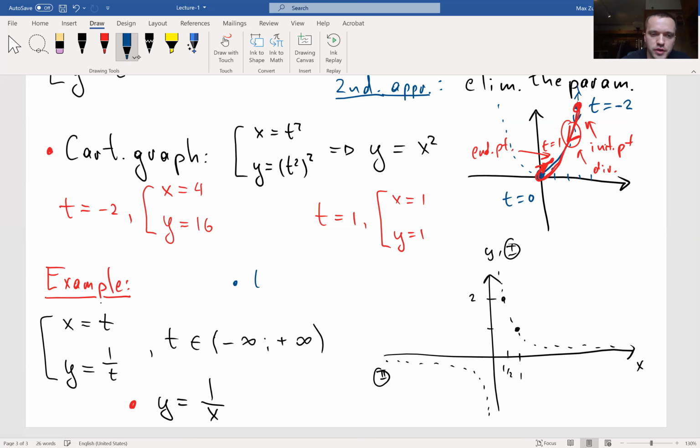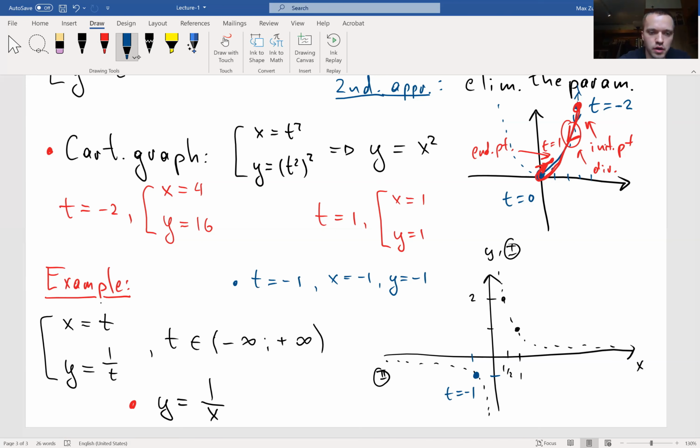So when t is equal to -1, what is going to be my x? My x is equal to -1, and y is equal to -1. So when x and y are equal to -1, I get a point over here. It's t equal to -1. And then let's do the same as we did before.